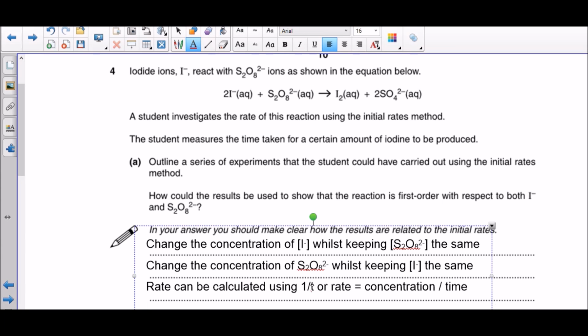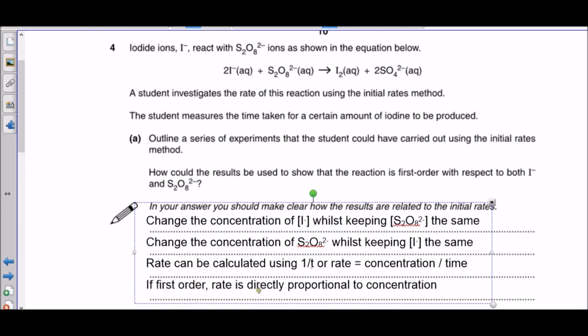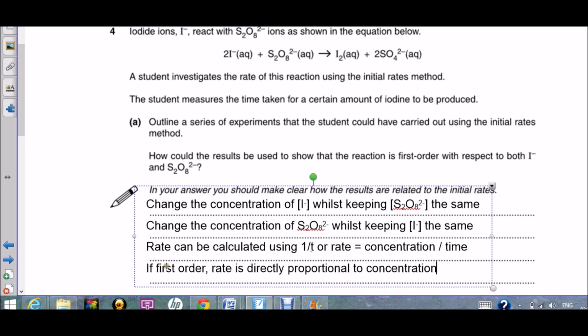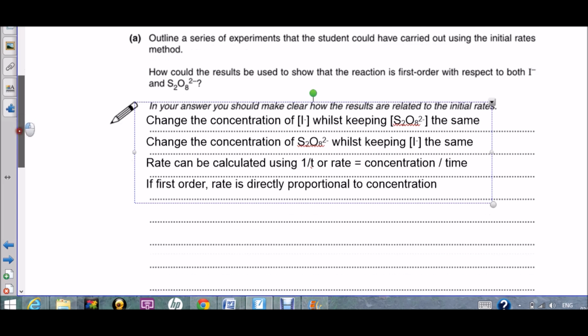And then the fourth mark, you need to say that if it's first order, then rate is directly proportional to concentration. Or you could have said that when the concentration doubles, the rate doubles. Or you could have explained that if you drew a rate concentration graph, it would be a straight line passing through 0. But we've got 1 mark for each of these 4 points in this question.